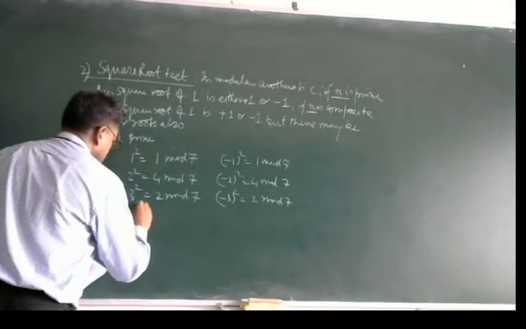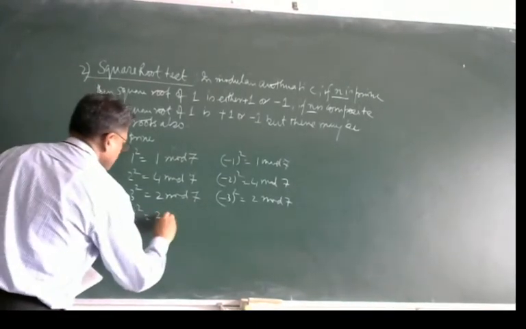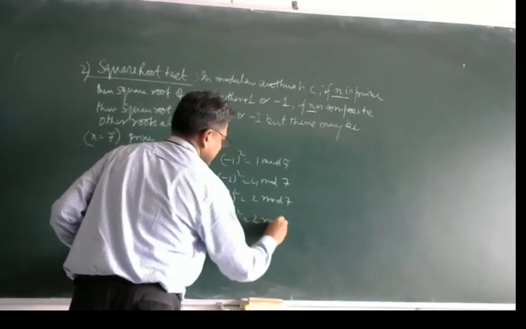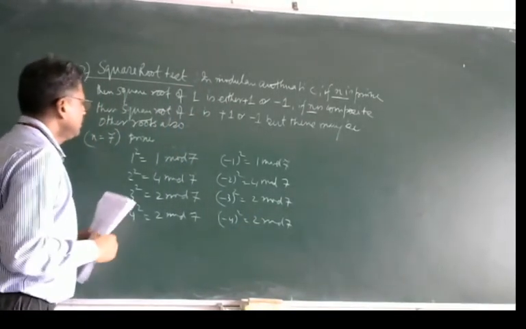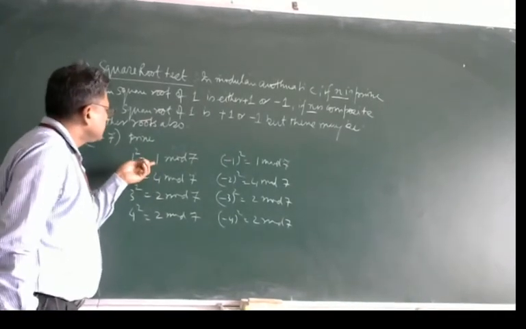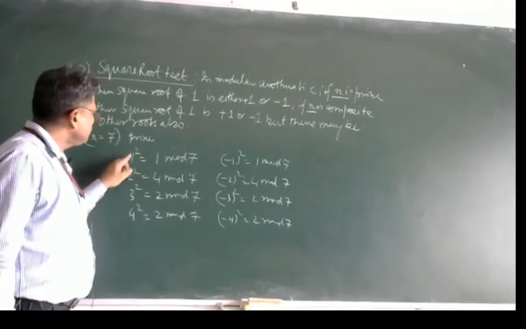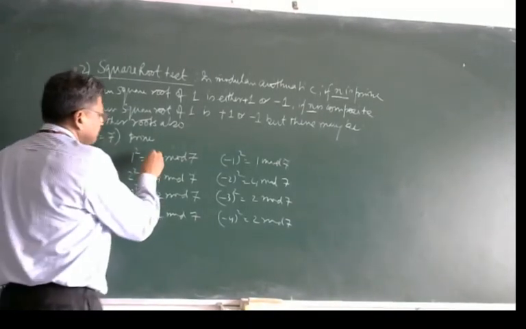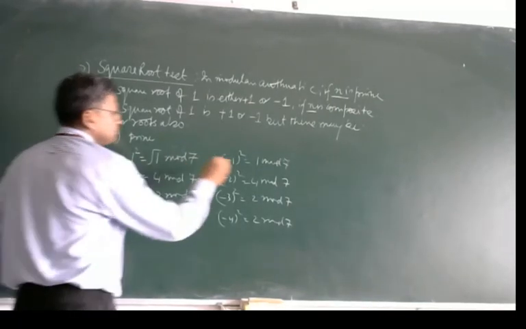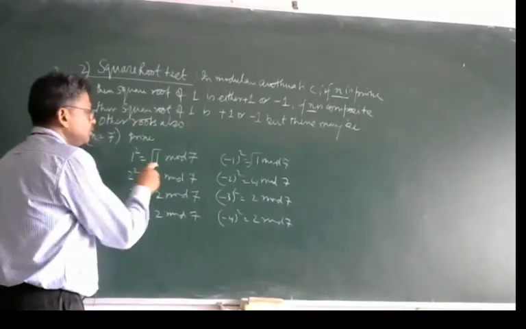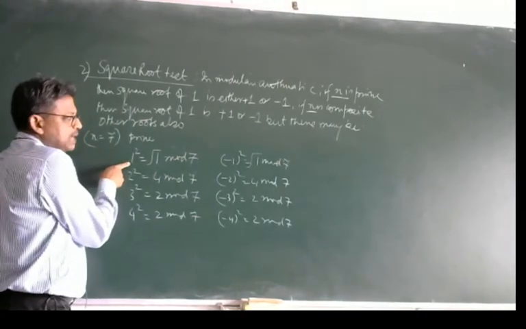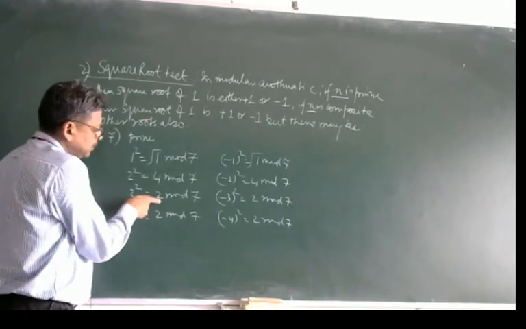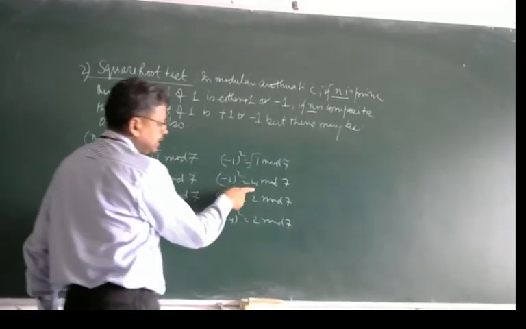Now if you take 4 square, it will be 2 mod 7. Minus 4 square is equal to 2 mod 7. It means if you take the square root, whenever you are squaring the value on the left hand side, the square root of 1 is coming as plus 1 or minus 1, and no other roots are available, because here it is 4, here it is 2, here it is 2, and again 4, 2, 2.